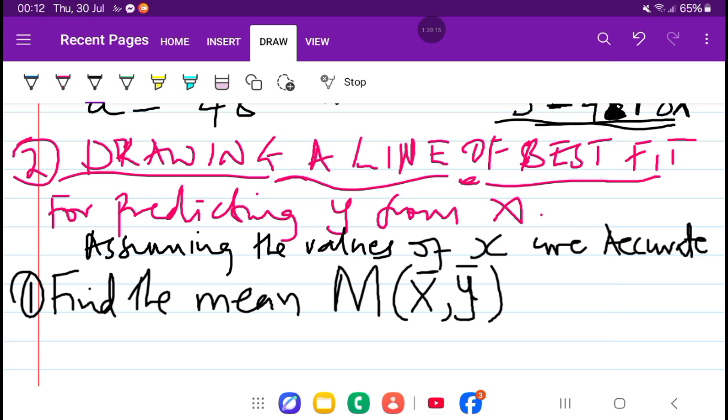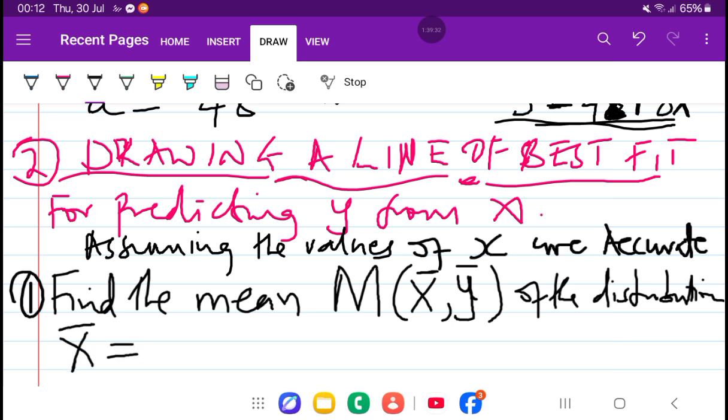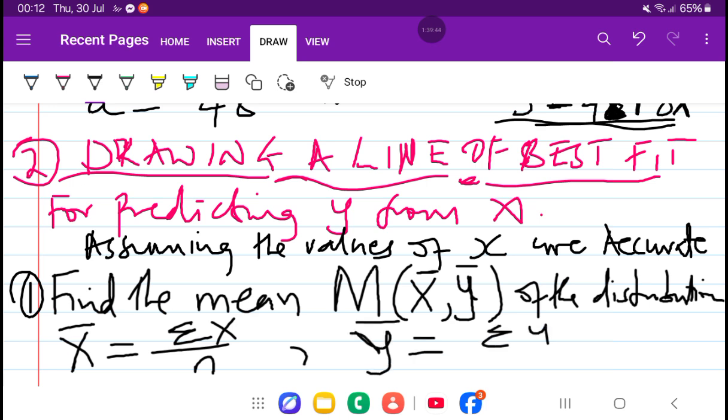In other words, mean for the two values, whereby X bar will be equal to summation X over N, and Y bar will be equal to summation Y over N. That is the first step.